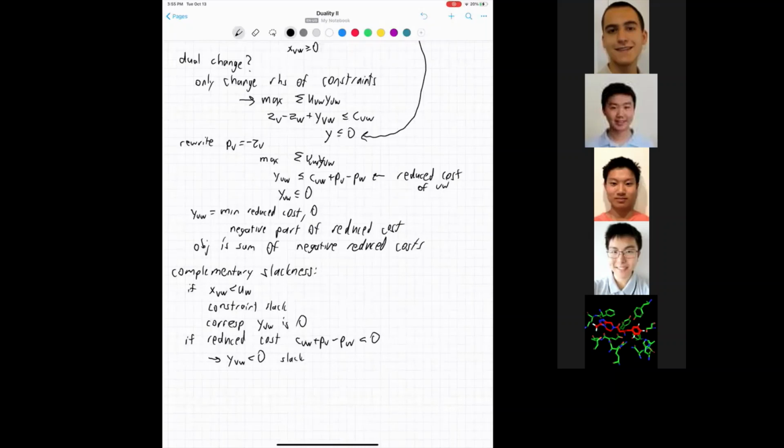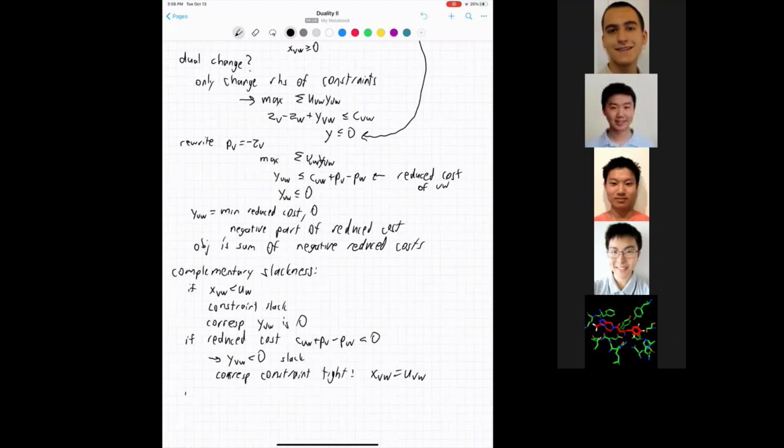What does that mean? That means that the variable is tight, or that the edge is saturated. The corresponding constraint is tight, which is to say that XVW equals UVW.